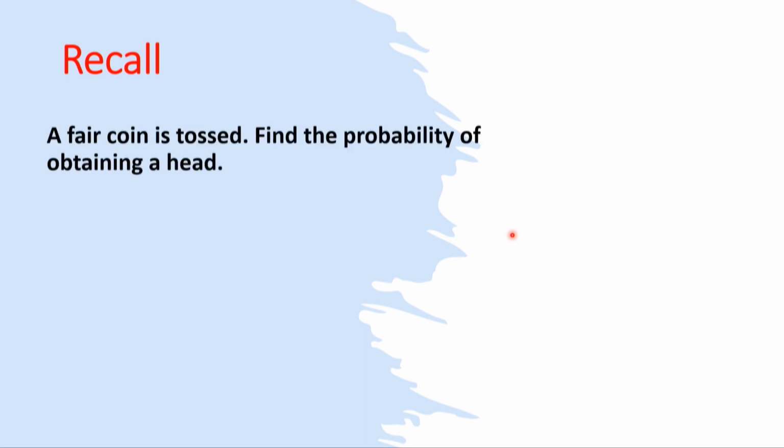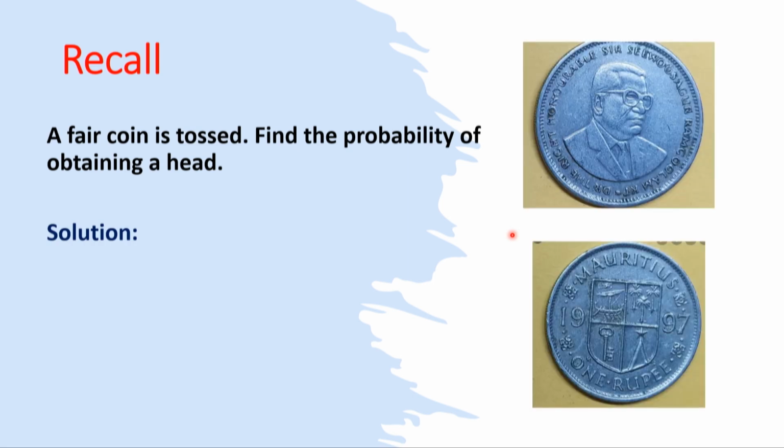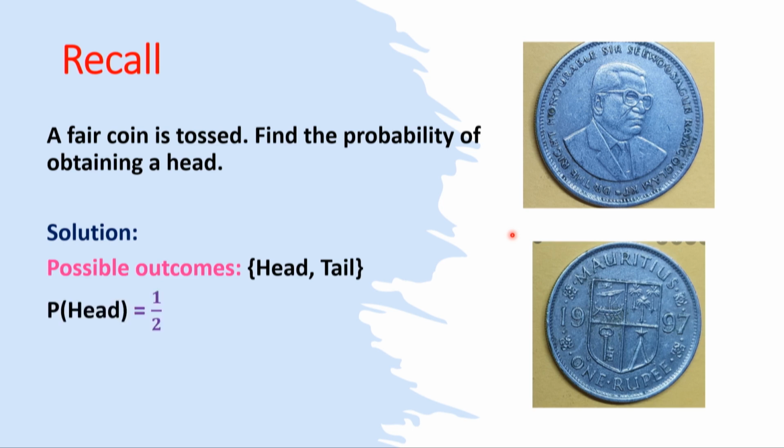Let us have a look at an example to understand what is meant by probability of E. A fair coin is tossed. Find the probability of obtaining a head. So we have just seen that when you toss a coin, the possible outcomes are head and tail. Now, for the probability of getting a head, we have only one head.